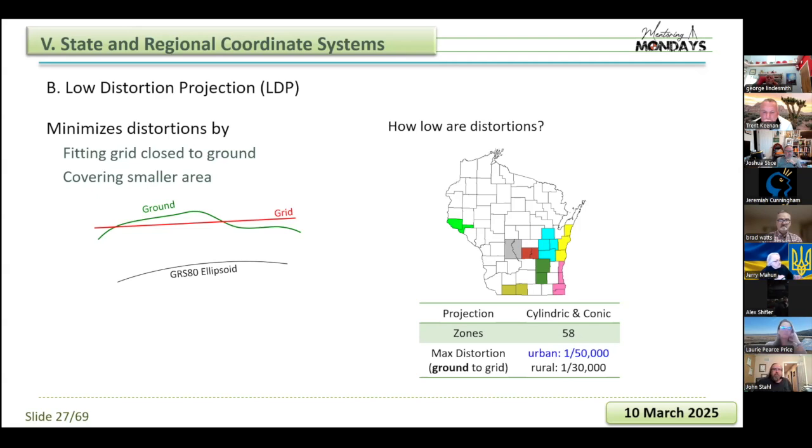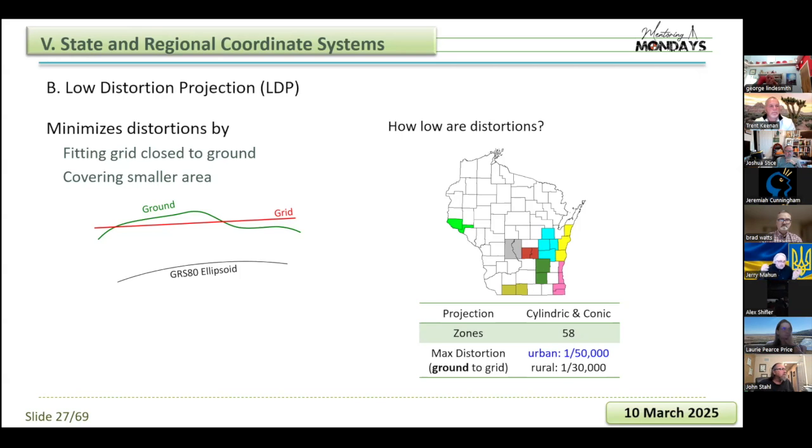They wanted something more manageable coordinate-wise, that brought the Earth measurements, or physical measurements, closer to the grid measurements. Because 1 in 10,000 just didn't cut it. I mean, that wasn't accurate enough.